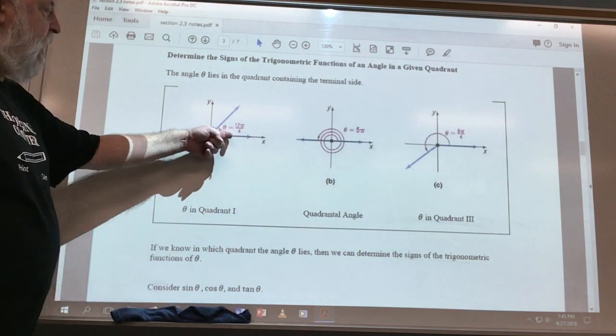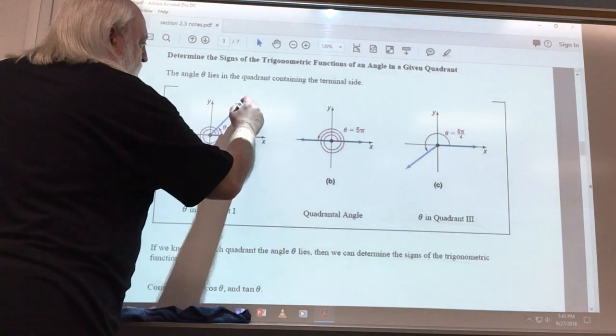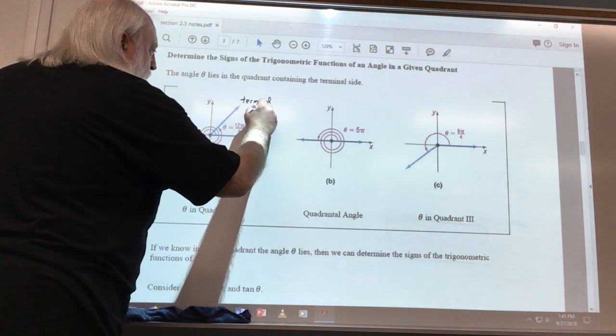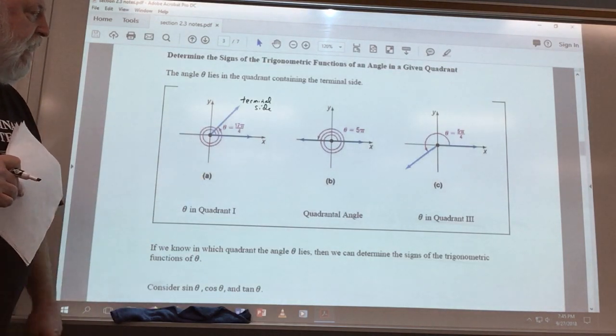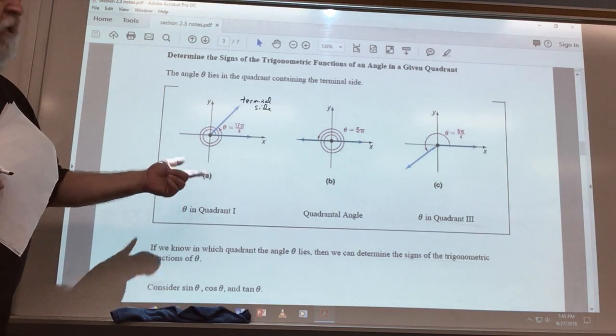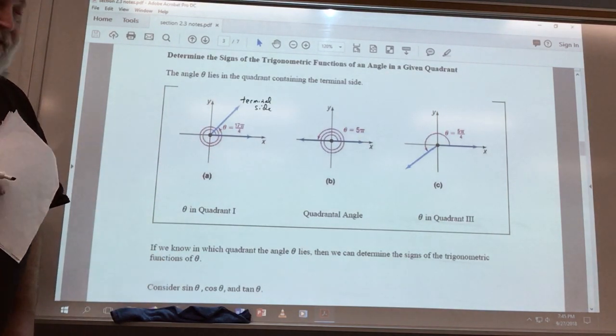So here we have the angle theta equals 17 pi over 4 radians, right? So this is the terminal side of the angle, and you can see the terminal side of the angle is in quadrant 1. So in the first quadrant. So we say the angle theta lies in the first quadrant. Okay.